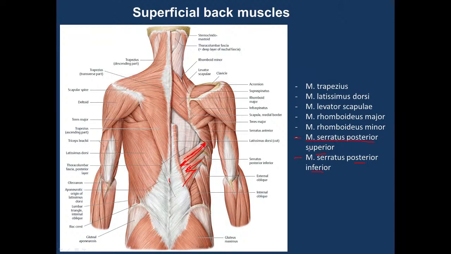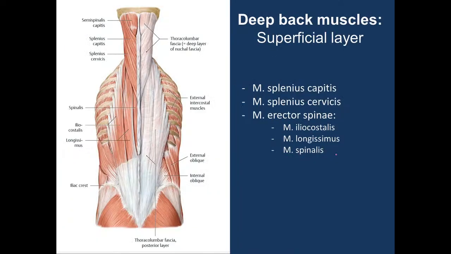Serratus posterior superior muscle makes inspiration, but here are the expiration muscles because it moves the ribs down.